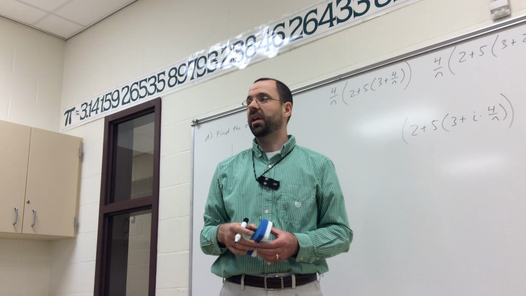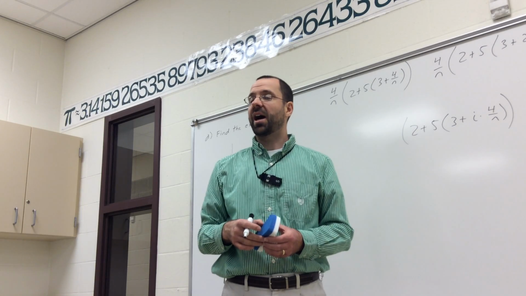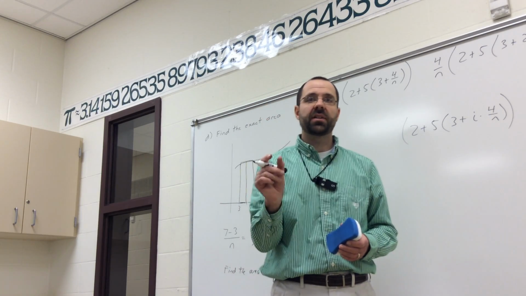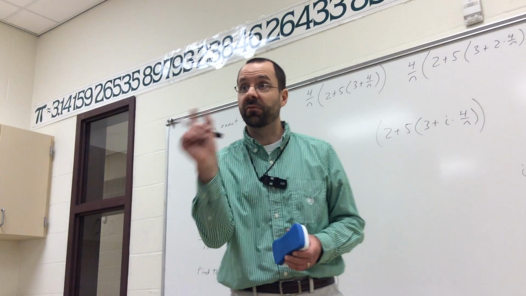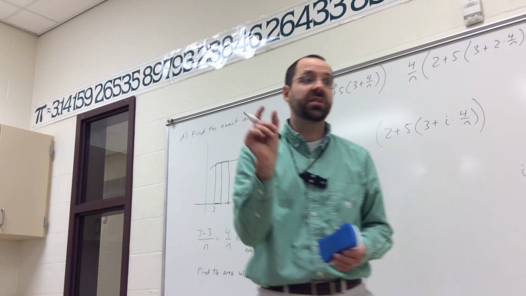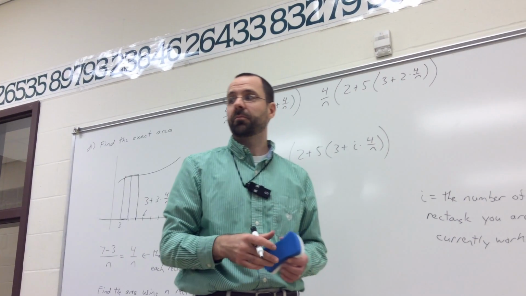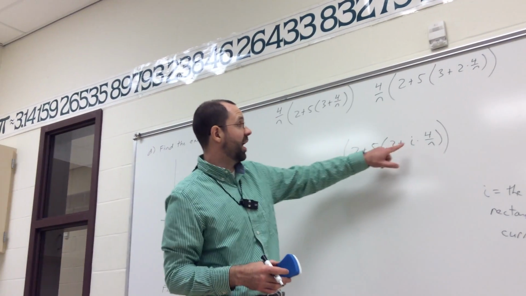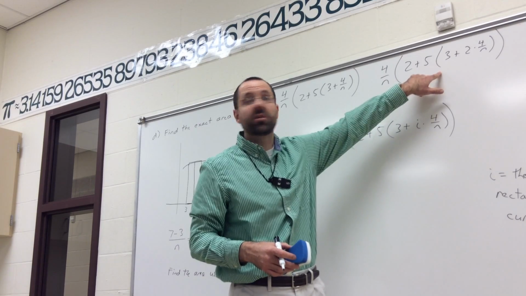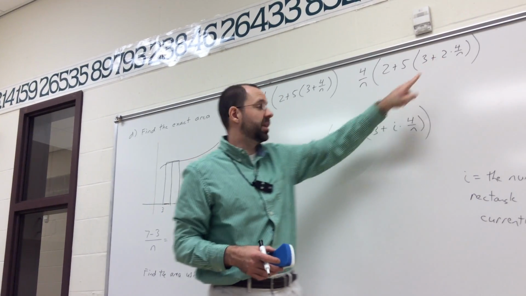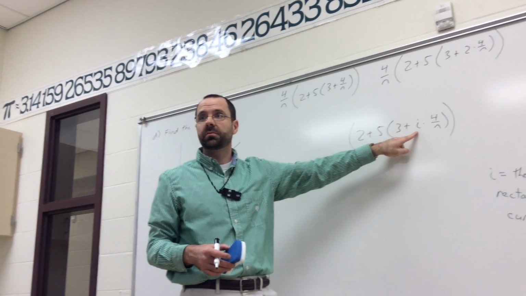So if you're doing 8 rectangles, then n is 8. But i represents what one you're on right then. So when i is 1, you're doing the first rectangle. When i is 2, you're doing the second rectangle. When i is 3, you're doing the third rectangle, et cetera. So when we were working on the second rectangle, that needed to be a 2, and so that's why i is 2.